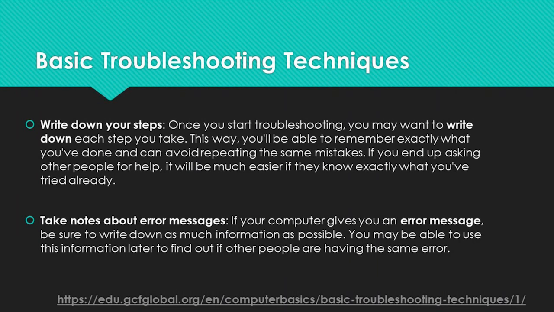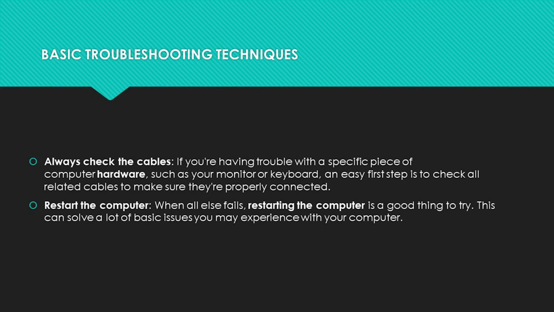We're back, learners. Take notes about the error messages. If your computer gives you an error message, be sure to write down as much information as possible. You may be able to use this information later to find out if other people are having the same error. Next, always check the cables.